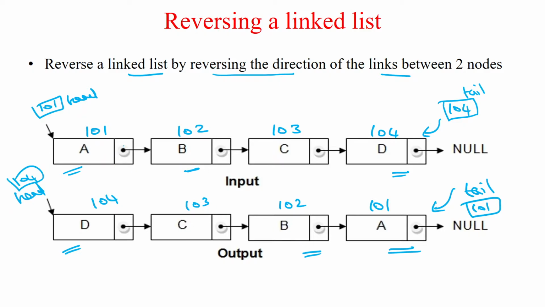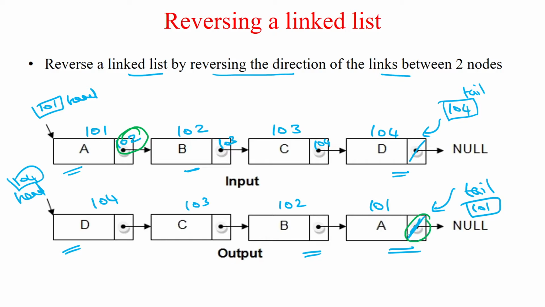Now when we are changing the address, the next field of all the data points has to be modified. In the reversed linked list, A's next field is null, but in the given list A's next field is 102.